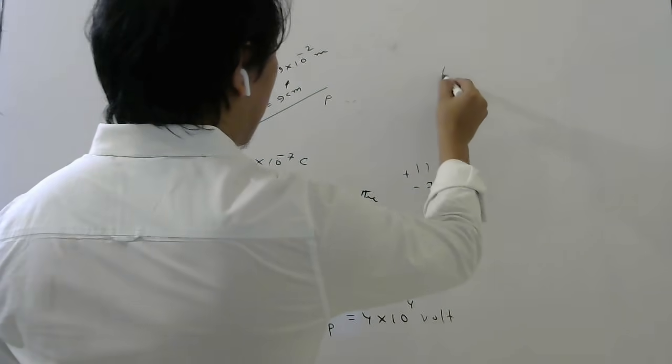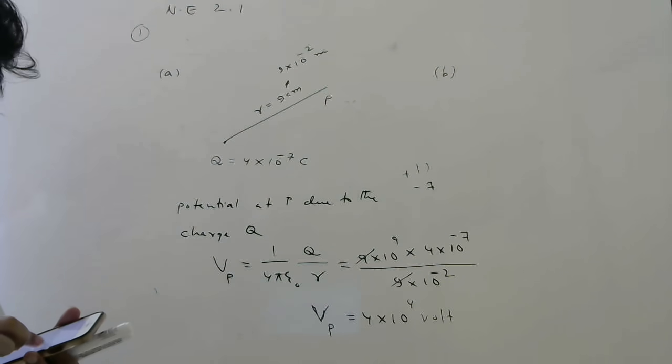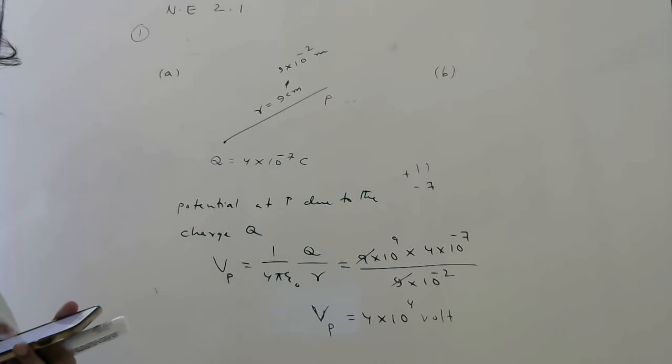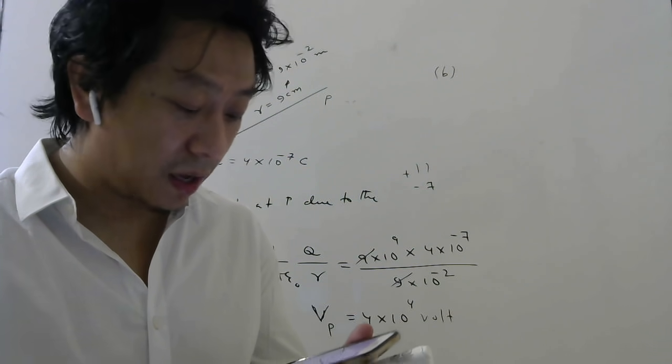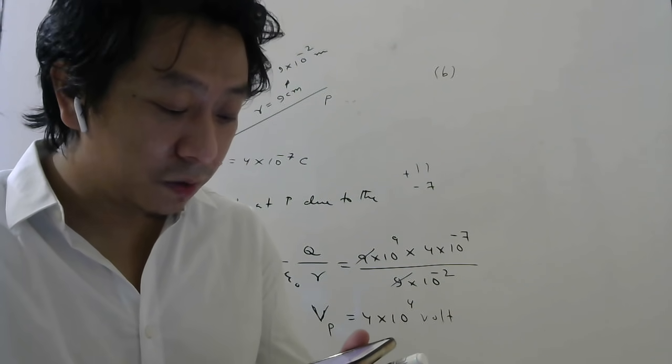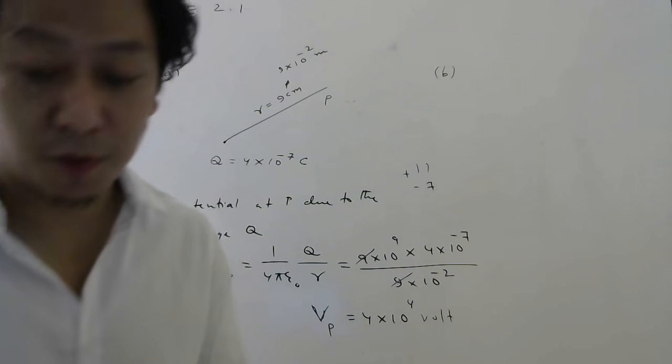For the second part, listen carefully. They are asking you to calculate, hence obtain, the work done in bringing a charge 4 into 10 power minus 9 coulomb from infinity to this point.